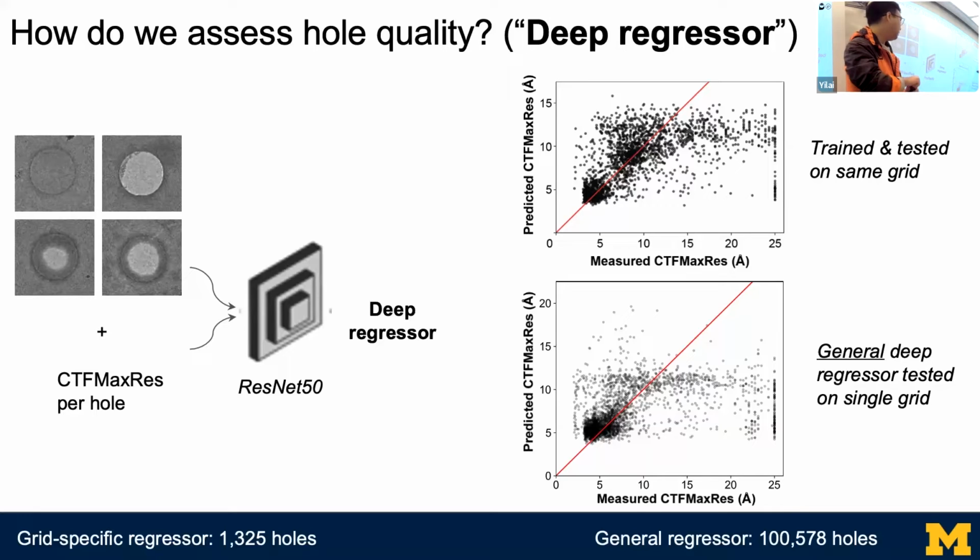Because we are trying to predict very high resolution information from images with a pixel size of over 100 angstrom, it's anticipated that we don't get a very perfect result from our deep regressor. But I'll show later that you don't need to have a very good prediction from this regressor to actually collect efficiently with this framework.